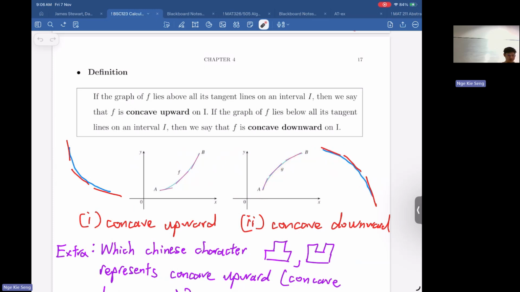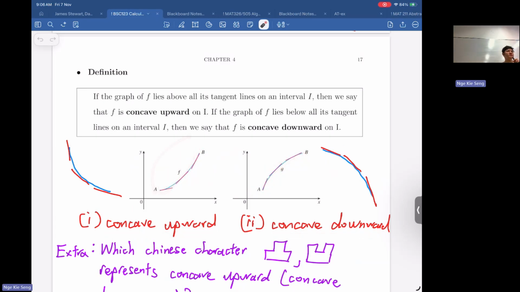But this is about the relation between the tangent line and the curve. For concave upward and concave downward, can you see the different ways they increase? If you put these two together, it forms something like eyes. So these are the two ways to increase.